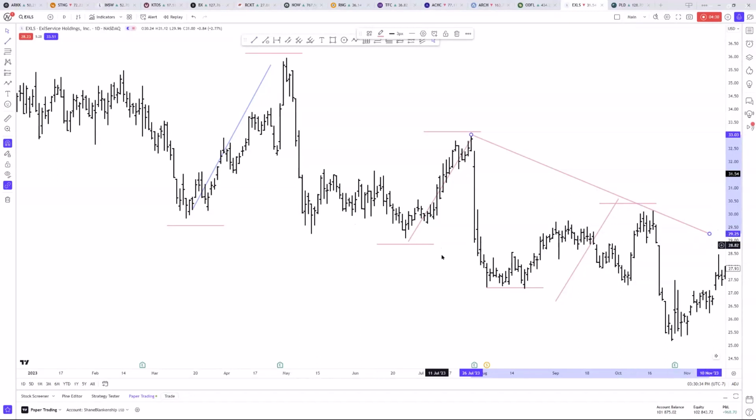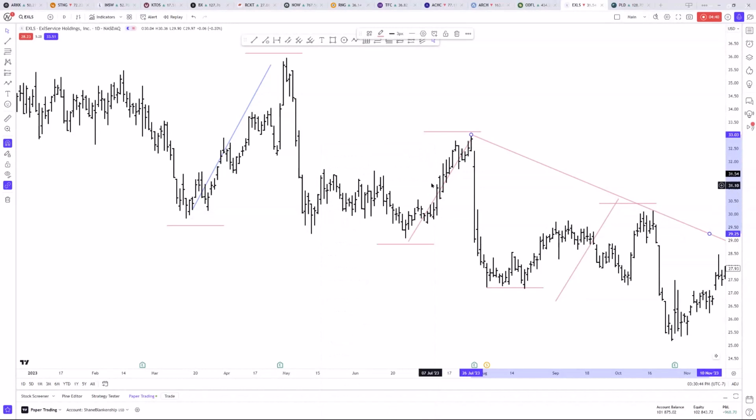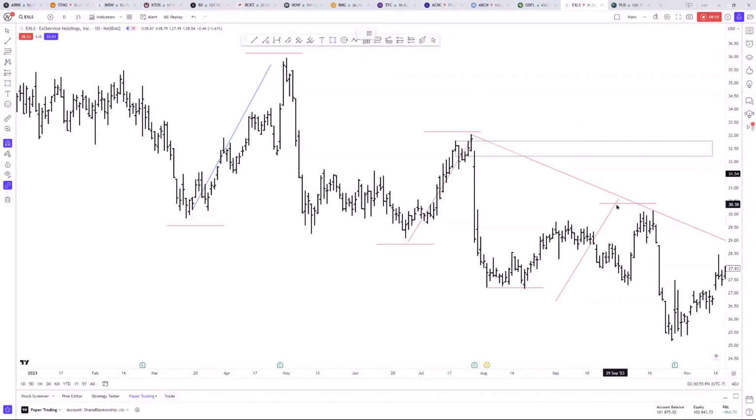So we have two new lows, boom, boom, we connect the dots. We'll extend this out. And then the other part of the practice, remember, I wanted you to make observations. Just draw a box across the top of each swing and observe if price ever gets back there, how price interacts with that.